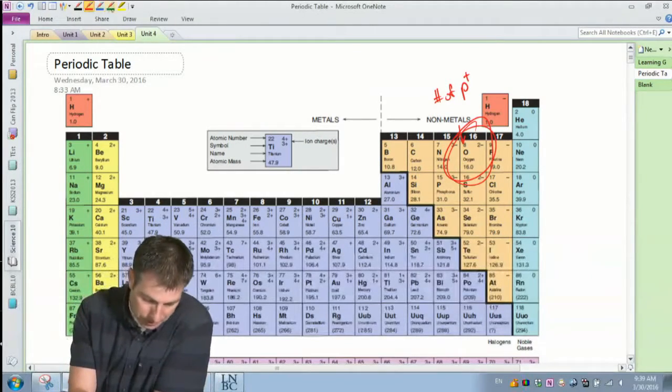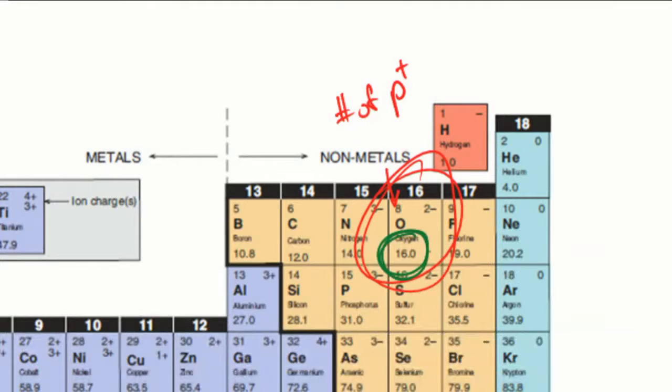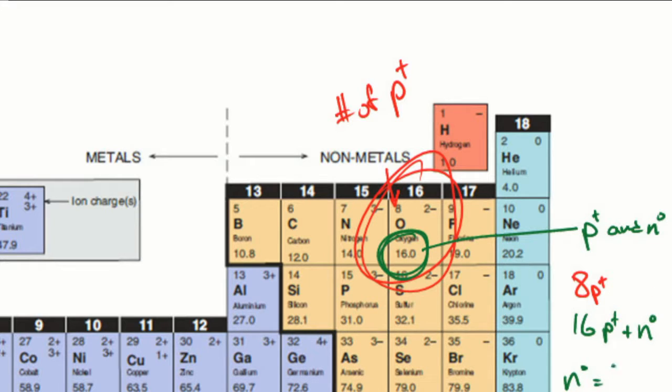Down at the bottom, we have the 16. And remember the 16 is protons and neutrons, which is an N with a little 0 next to it. So if I have 8 protons and I have 16 protons and neutrons added together, how many neutrons do I have?